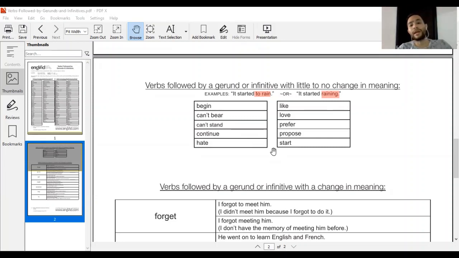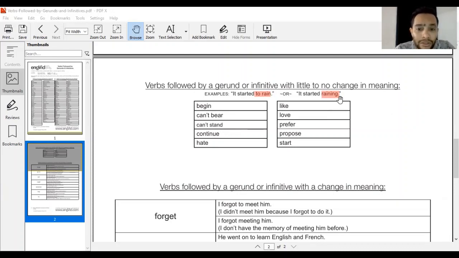The only thing that you gotta take into account, guys, is that only this group of verbs can be used like this. And they have no change in meaning. They mean the same. Empezó a llover. Significan lo mismo. No va a cambiar el significado en nada.